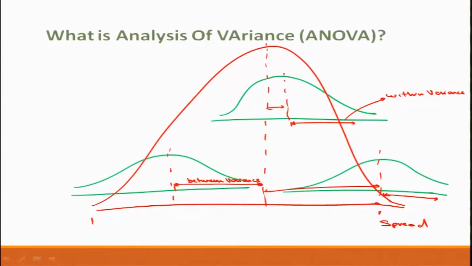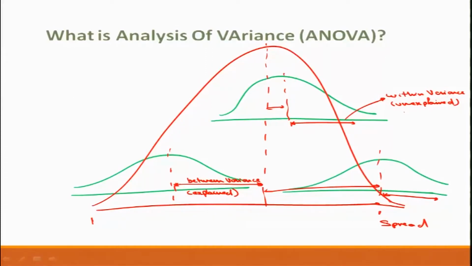So, this between variance is also known as explained variance. This within variance is unexplained. So, the whole population is not able to explain this.